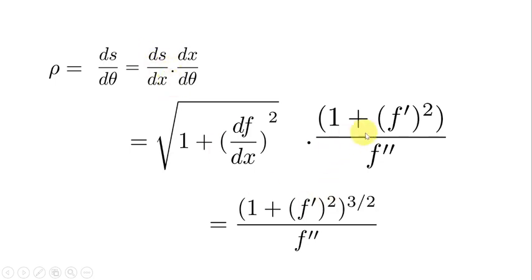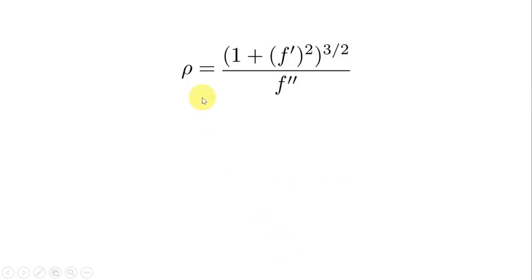So this can be rewritten as 1 plus f prime whole squared to the power 3 by 2. If you do the mathematical juggling here, it's just one step, you will end up getting this particular result.